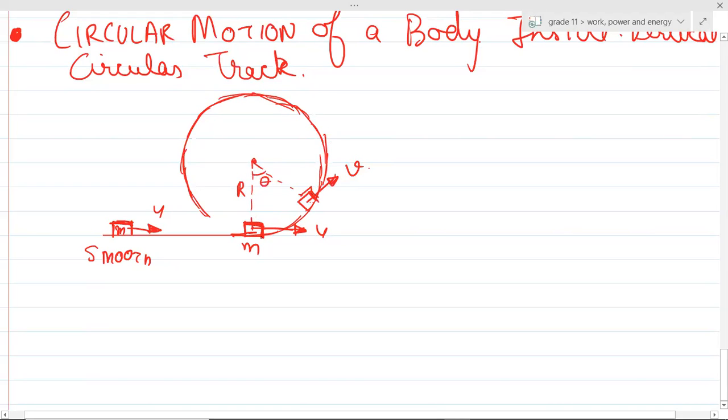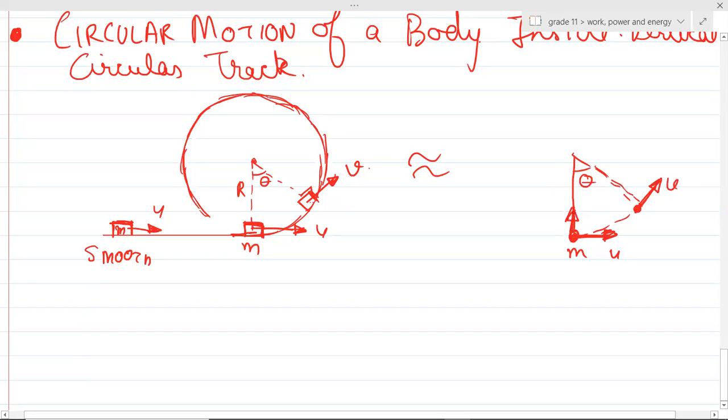But due to the circular track, it will complete the circular motion. So can you see this case and this case are almost similar?